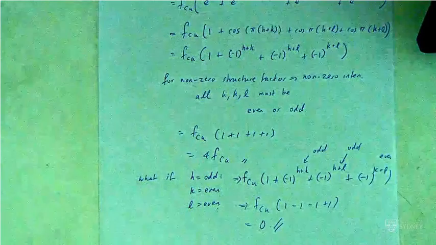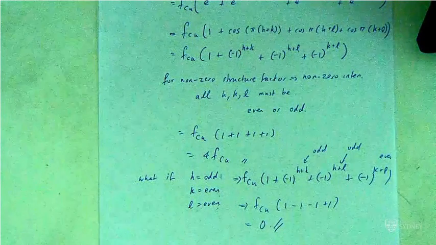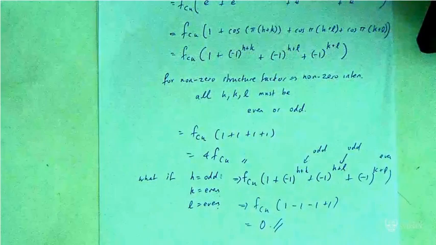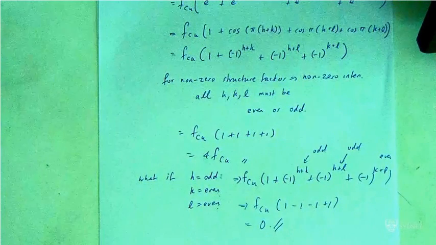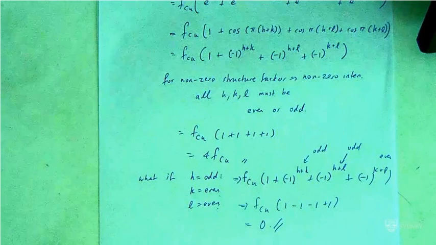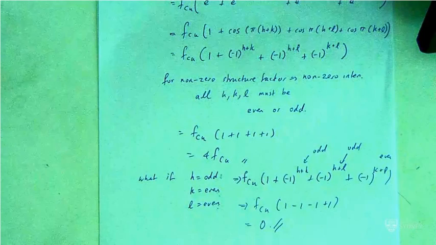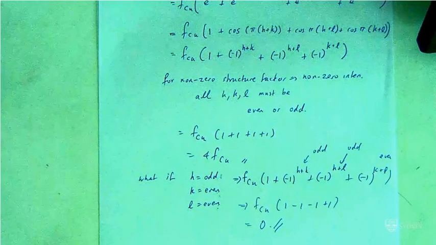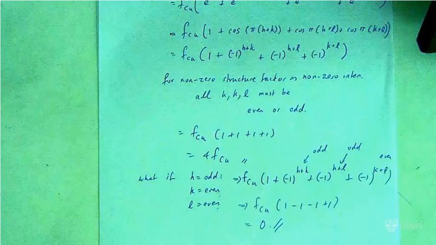So this makes a really good selection rule for an FCC fingerprint. If you've got your diffraction beams looking at you on the screen, and you notice that some spots are missing, and the missing spots correspond to the situation where these are an odd and even mixture, you know you've got an FCC.